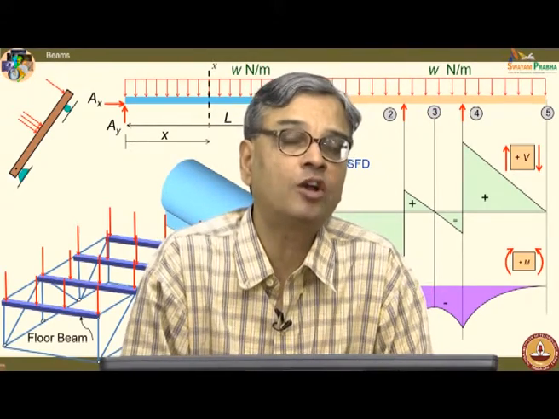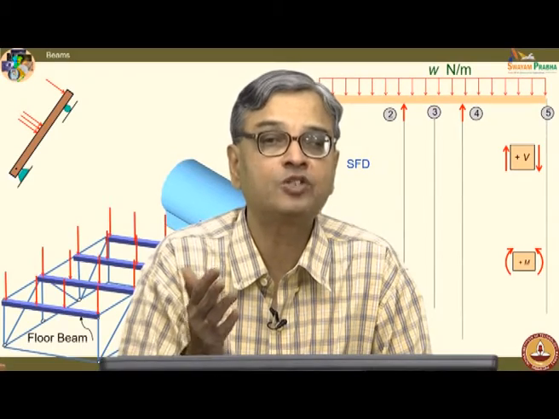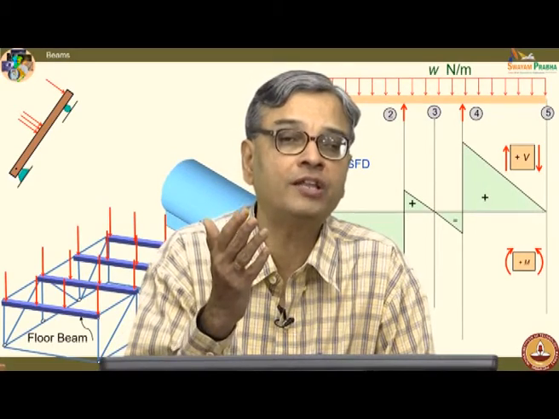There are multiple sign conventions available, and it is always a good practice, when you draw the shear force and bending moment diagrams, to put the sign convention side by side for both diagrams. It is also recommended that you draw the loading diagram, shear force diagram and bending moment diagram one below the other.